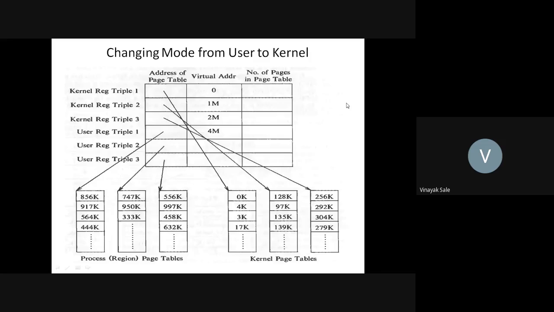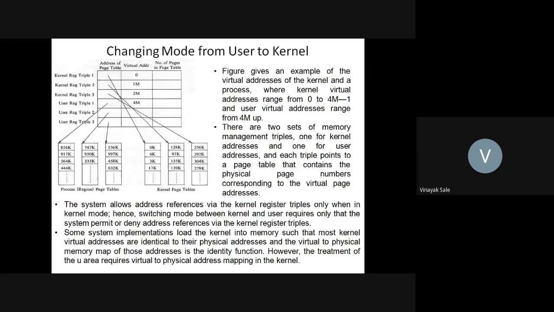This figure gives an example of the virtual addresses of the kernel and the processes, where the kernel virtual addresses range from 0 to 4m minus 1, and user memory addresses range from 4m.